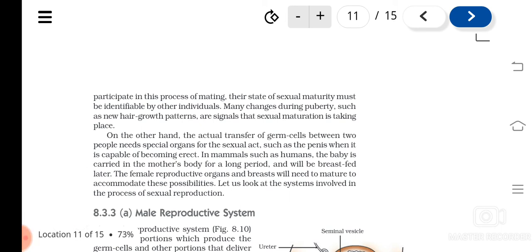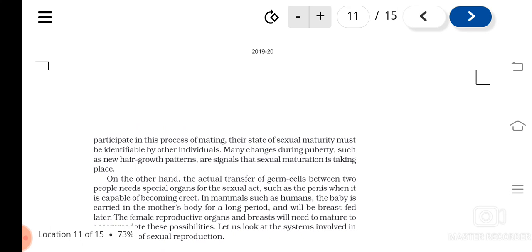This is a natural phenomenon, just like a plant grows and develops flowers. In the same way, these are natural changes, so there is nothing to wonder about or worry about. It's a natural phenomenon. Understood? This helps the organisms get matured for sexual reproduction.